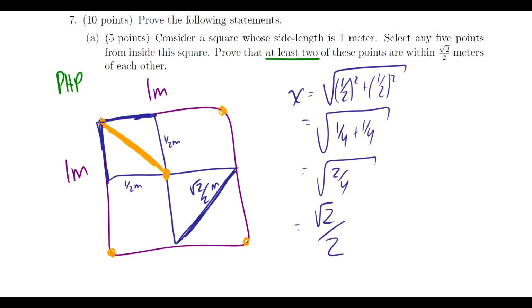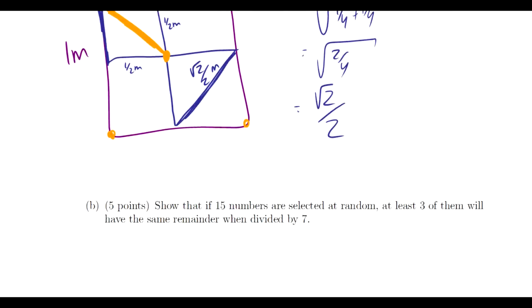So this is the furthest we could possibly pick these points apart, and they're still within root 2 over 2 meters of each other. So by the pigeonhole principle, we have proven this statement to be true. That was just Pythagoras and some fancy squares. If you check out my pigeonhole principle video, I did something at the end very similar to this, just with different numbers.